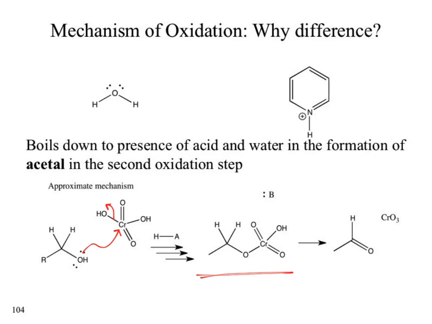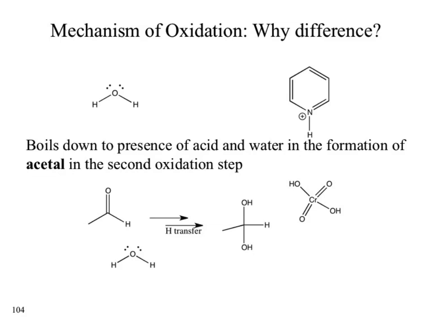How? A base somewhere in solution, like water, comes along, removes that hydrogen, forms the carbonyl, and we can now eject the chromate structure, our CrO3. And we end up with the aldehyde. Both mechanisms do this.